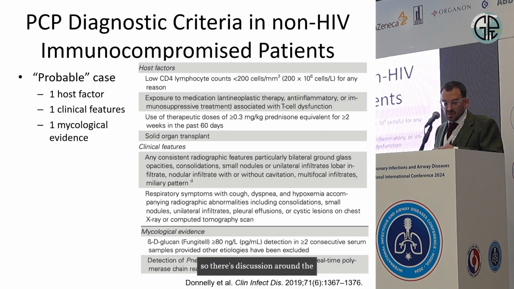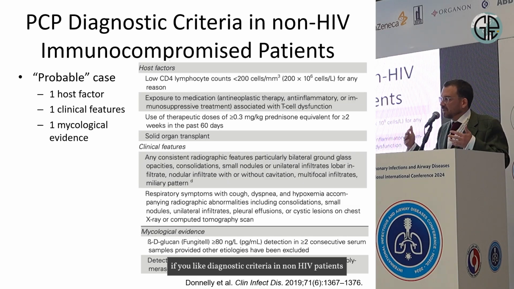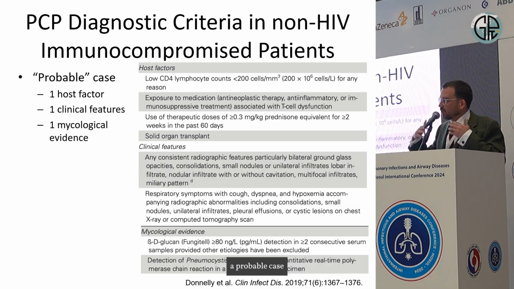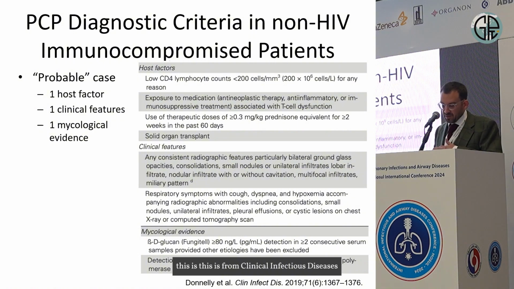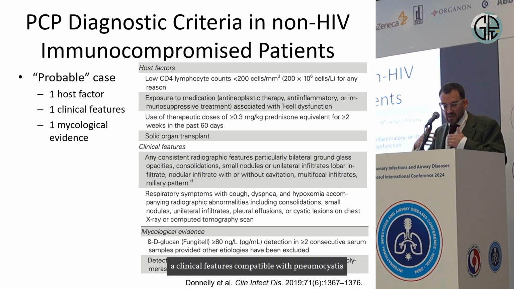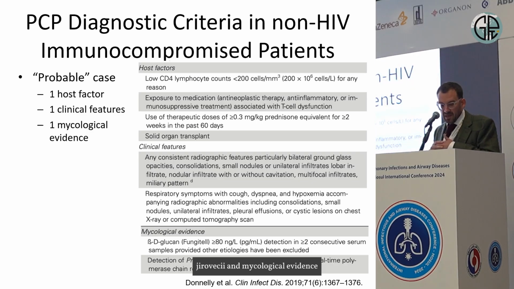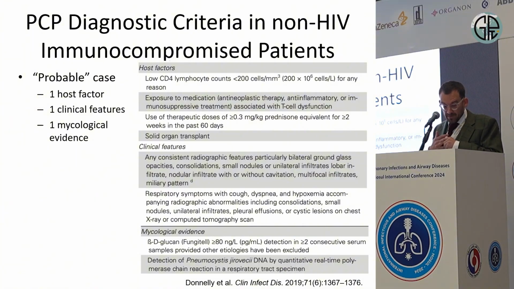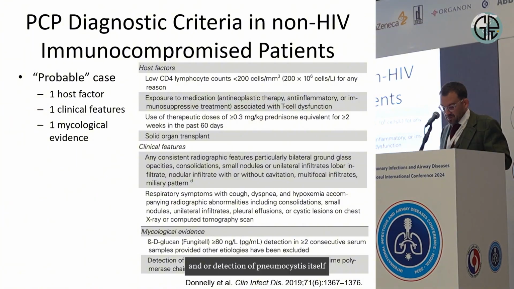So there's discussion around the diagnostic criteria in non-HIV patients, and a probable case. This is from a consensus statement in Clinical Infectious Diseases, where you have the presence of a host factor, clinical features compatible with pneumocystis jirovecii, and mycological evidence, and that is normally either beta-D-glucan to support the diagnosis along with imaging, or detection of pneumocystis itself.